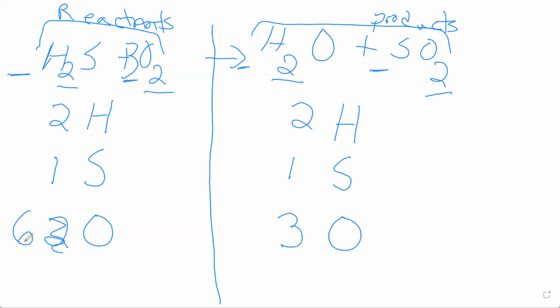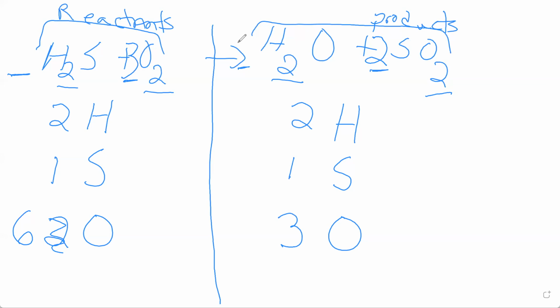Okay, so now if we work over to the product side and we want to create 6 atoms of oxygen on this side, well, this is a little more difficult because oxygen is contained in two different compounds. So if I put a 2 here, that gives me 4 and 1, which would be 5.